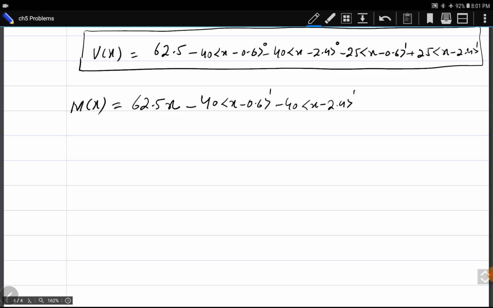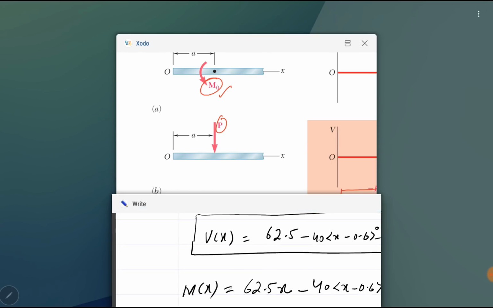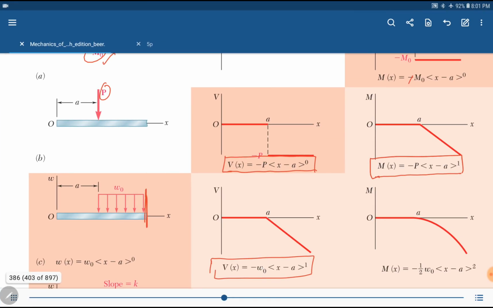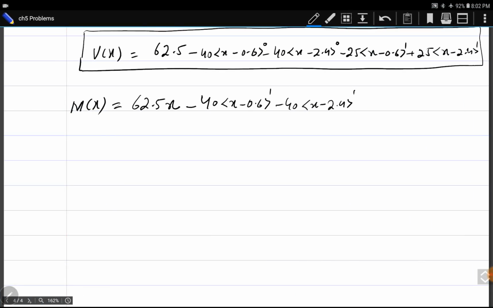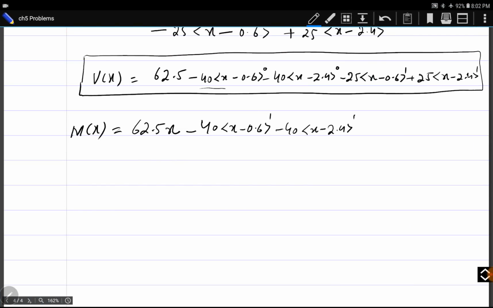These terms have been written from the table similar to this expression: minus p for the downward load into x minus a, where a is the distance of the force from the left end, in power 1. If we would have integrated the previous two functions, these two would have become like this. After integration, power 0 becomes power 1.